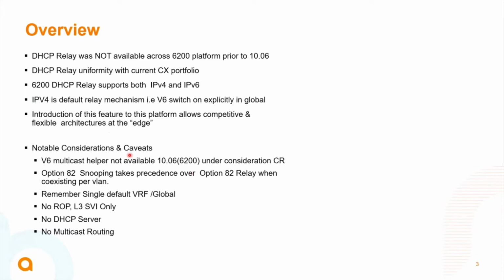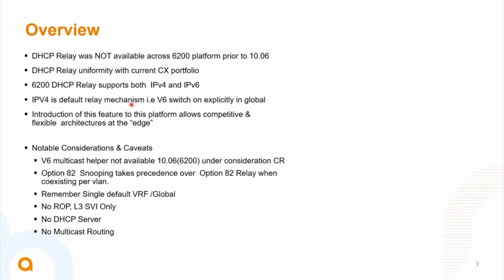It says here v4 is a default mechanism. What that really means is that if you're going to use v4 out of the box, it's just a matter of putting the relay command on. But if you're going to be using v6, then you have to explicitly enable that globally.